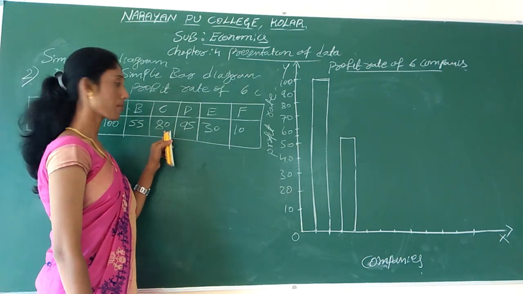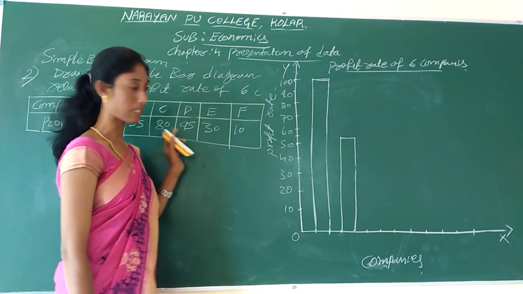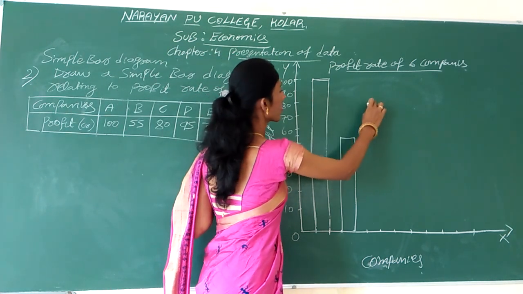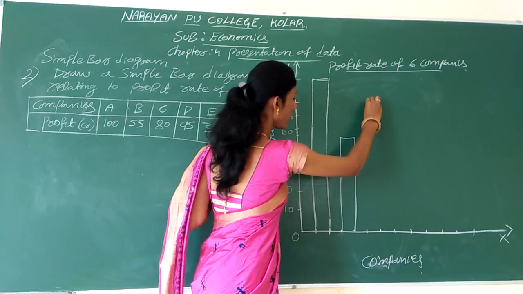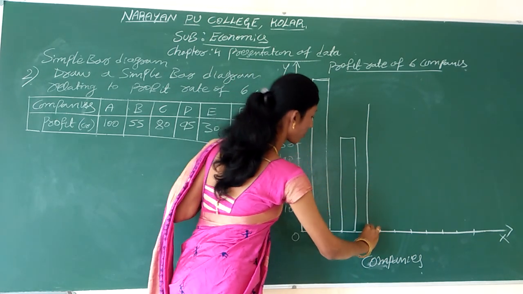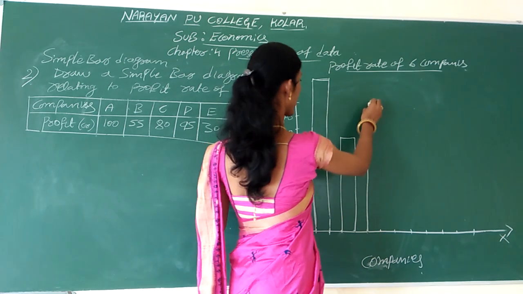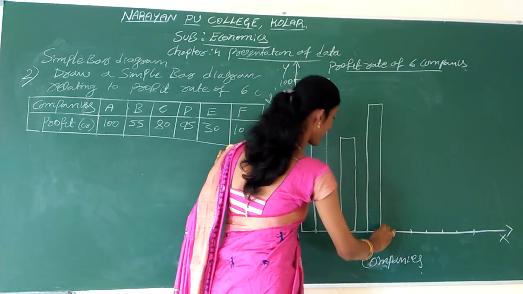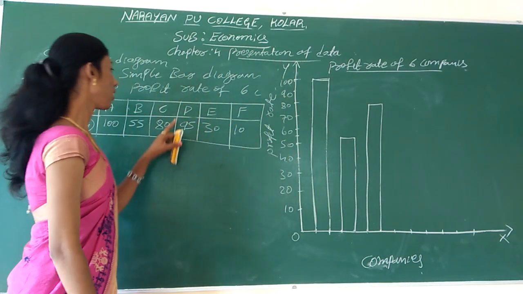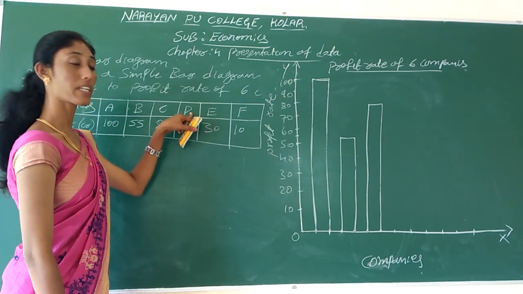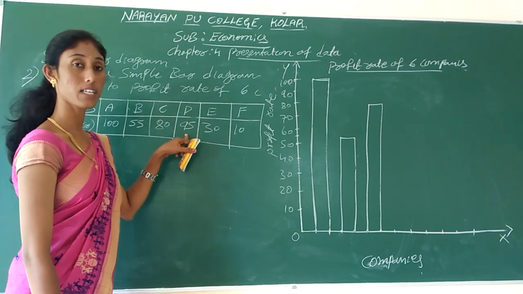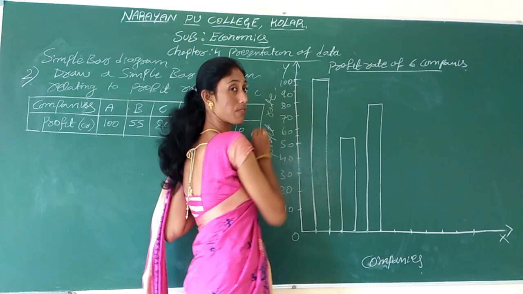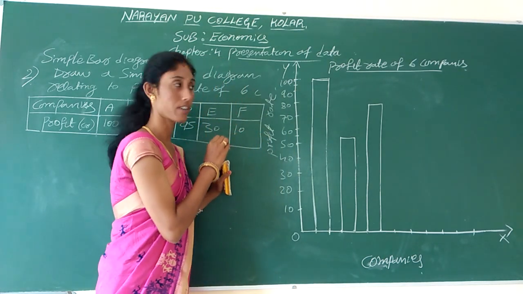And come to the third one. The profit rate of company C is 80. Where does 80 arise? Here. Got it? Add to the first point, take a space and add to the next point. Now come to company D. The profit rate of company D is 95. 95 arises between 90 to 100.